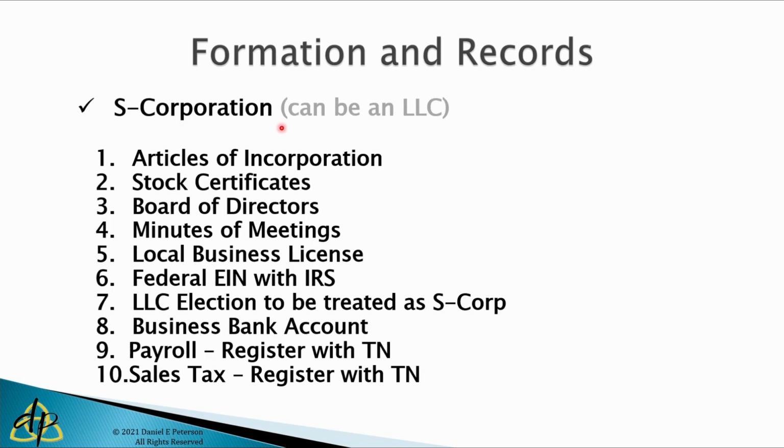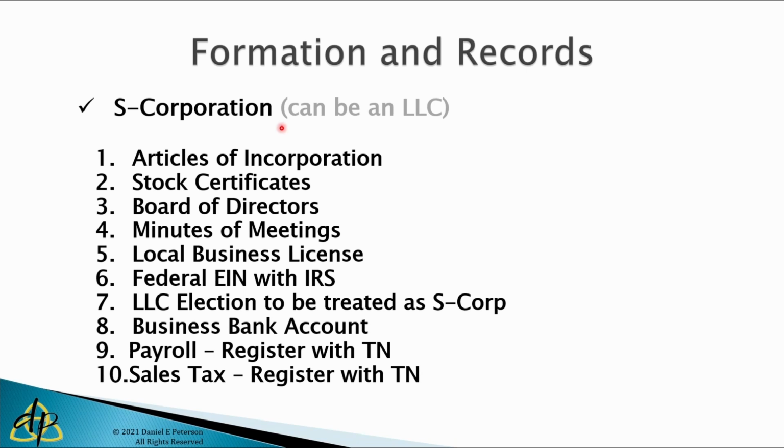We've got two ways that we can be an S corporation. We can register as an LLC at the state level, filing our articles of organization, or we can file at the Secretary of State level and file articles of incorporation and register as a corporate entity in Tennessee. Regardless of that, you're going to have those articles filed.